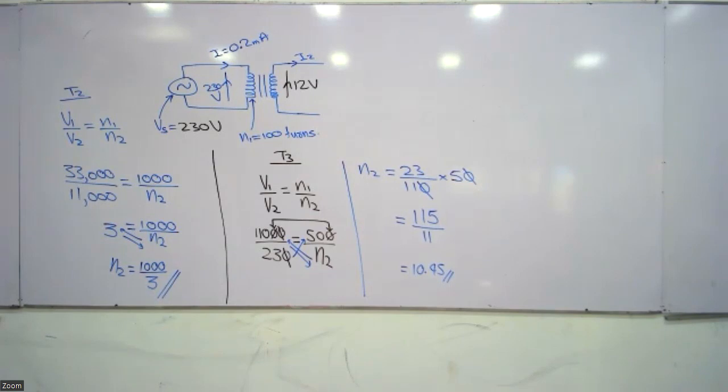It reduces 230 volt to 12 volt. The current in the primary coil is 0.2 milliampere.